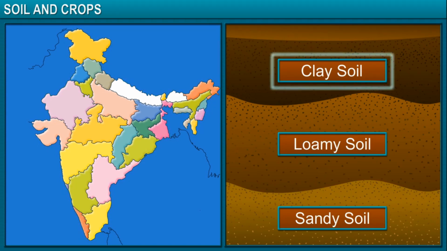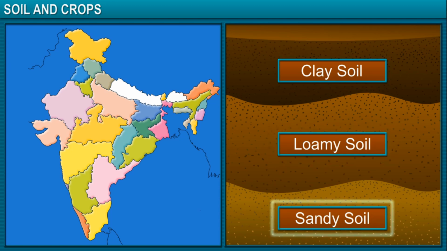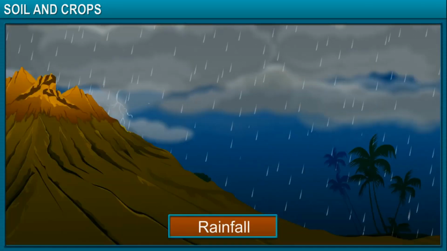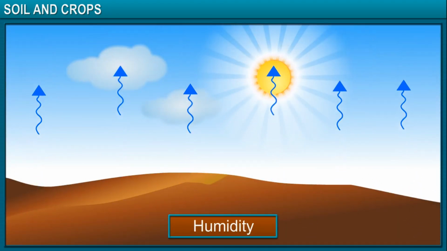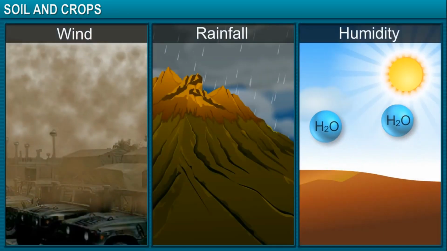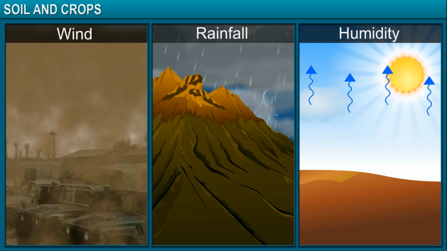There is clay soil in some parts, loamy soil in some, and sandy soil in others. Soil is affected by wind, rainfall, and humidity. These affect the soil profile and are responsible for changes in the soil.